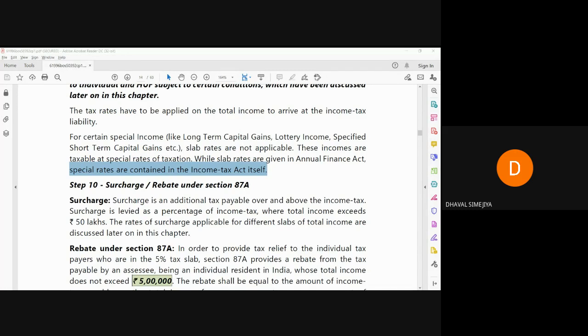Now, for example, okay, this is not the correct figure, I have to pay total tax of 1,95,000. Now I have to pay surcharge on this tax: 1,95,000 multiplied by the rate of surcharge, whatever it is.